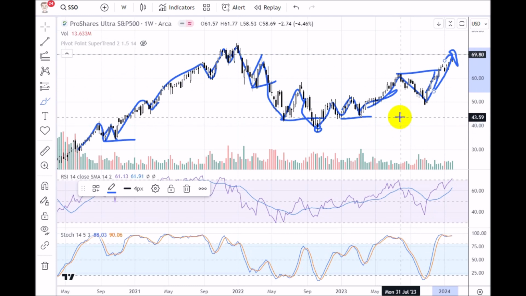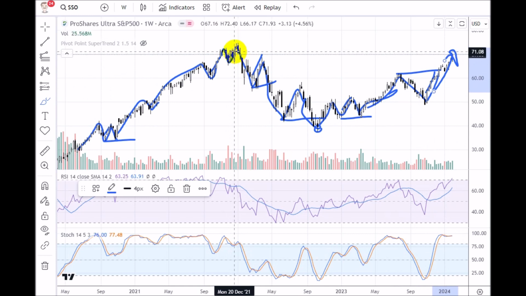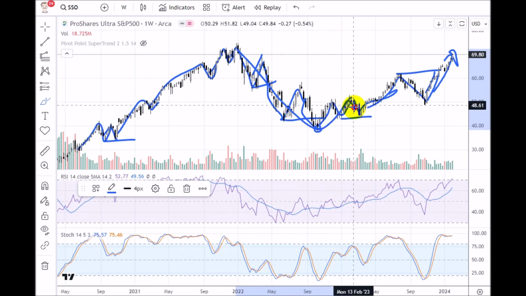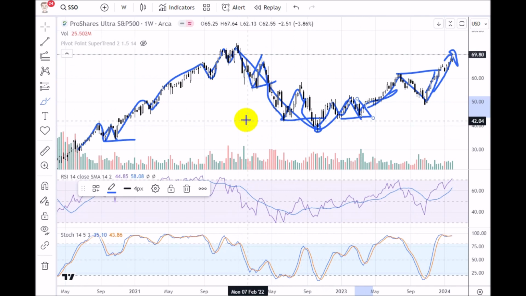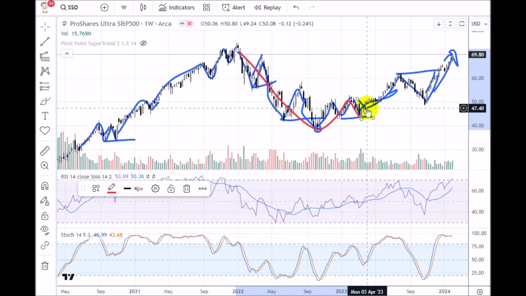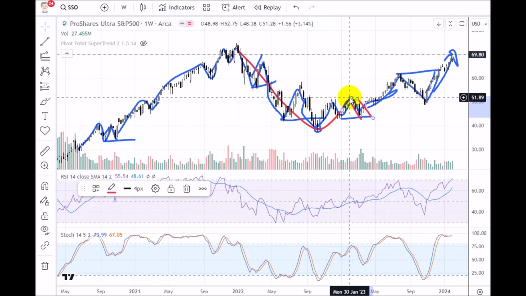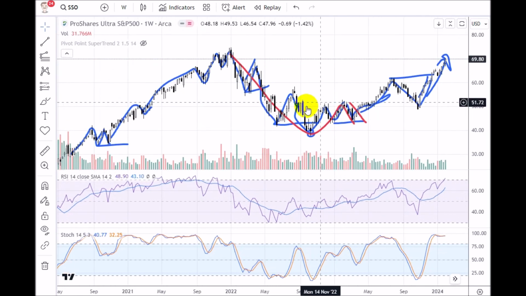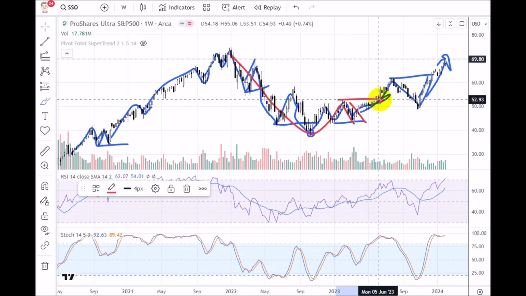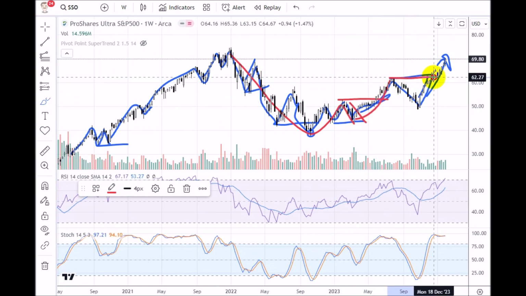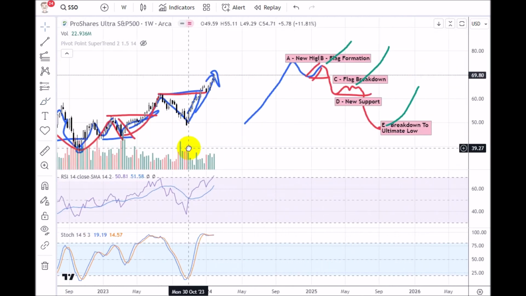Okay, so you can see here that we have this formation down here coming all the way down to a low. Let's just draw the bigger one, and then come over here to this flag and coming back down here. So here we have the downward type of structure, breaking down, moving above our resistance level right here, moving into the flagging formation, which is, again, imagine you're just inverting this.